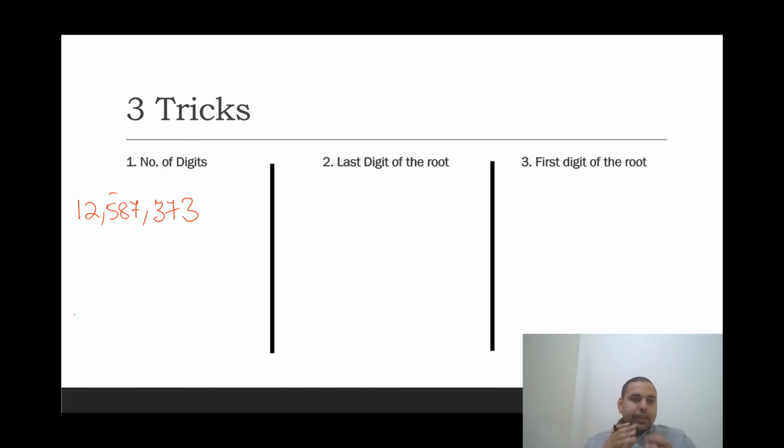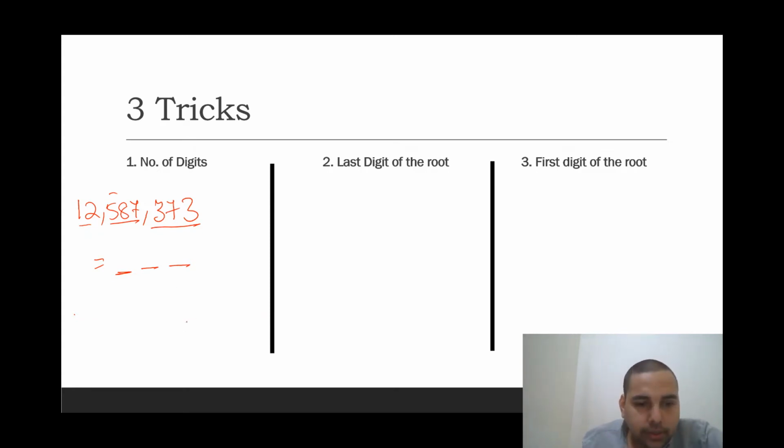Now I'm not saying that this is a perfect cube. I have just given a number at random. But if it was a perfect cube, it would be possible for me to tell you that there is going to be a units, a tens, and a hundreds digit. Okay. So it is actually possible for me to find out the number of digits.